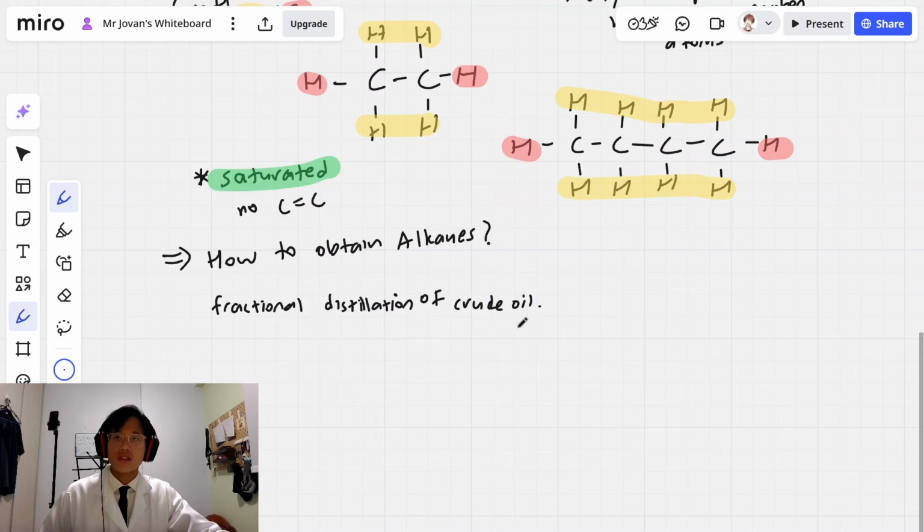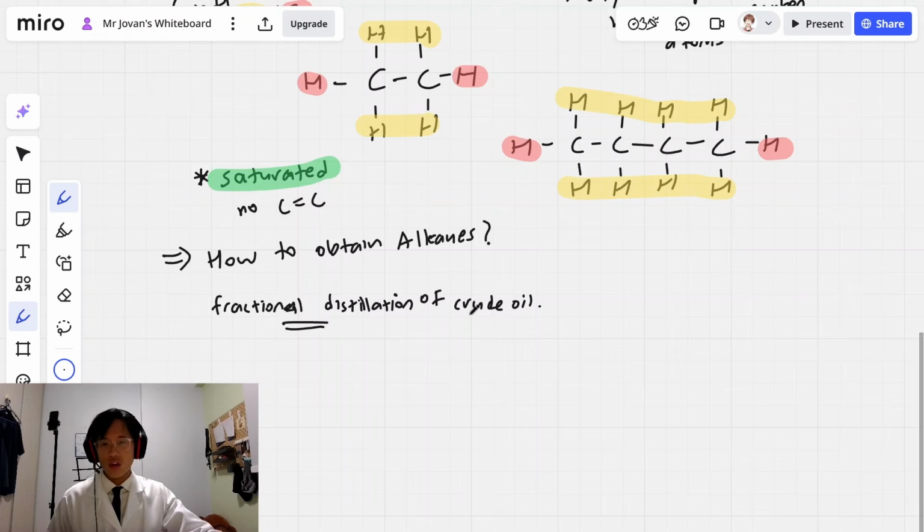I did a video of this on TikTok. I will link the explanation of fractional distillation under this video. You can go learn about what fractional distillation is, but that's how alkanes are obtained. For all the other homologous series later, you'll notice that they are all obtained from reactions of one another. But alkanes, the most base form of organic chem, that's how I like to think of it, come from the fractional distillation of crude oil. Do take note of this.